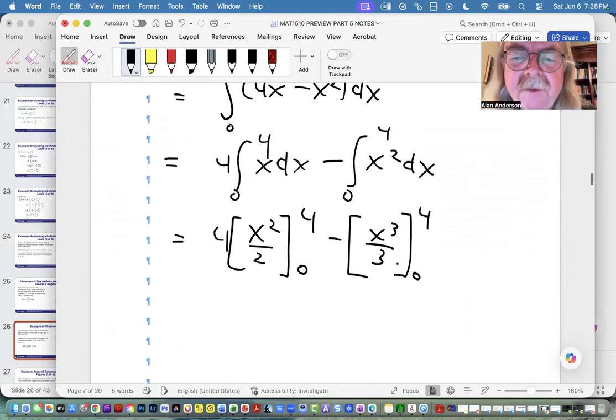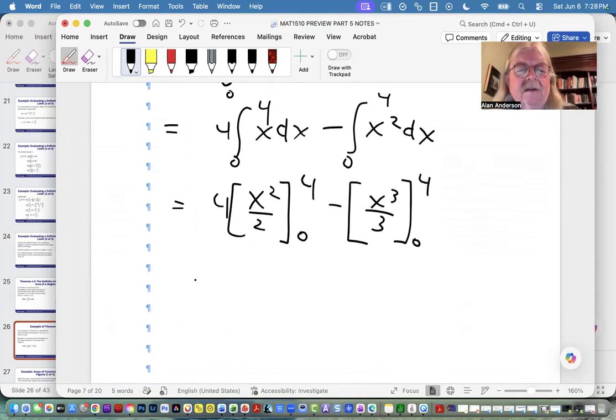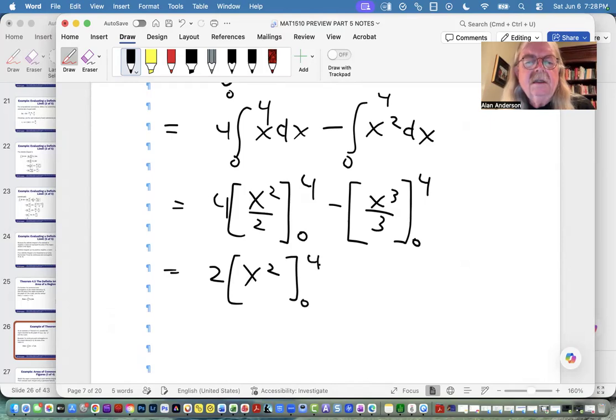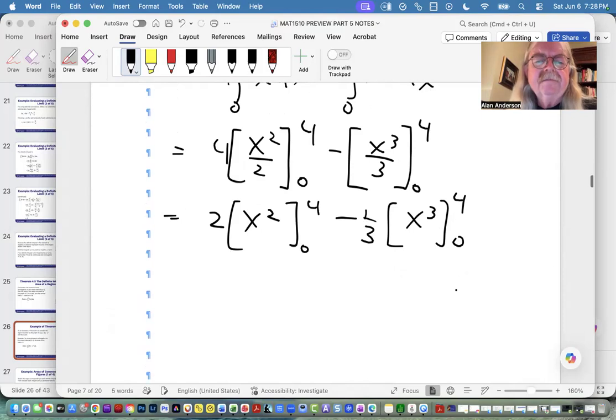Okay, now we can maybe do a little algebra here. 4 divided by 2, we can write this as 2. Over here, we can move out the 1/3. Not that it's absolutely necessary. It might just be cleaner that way.